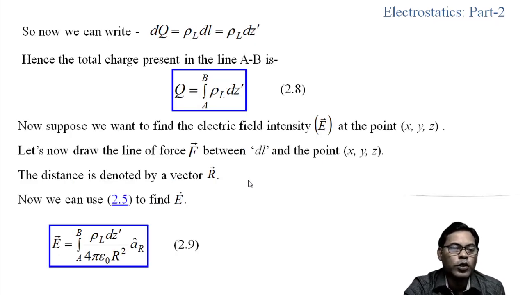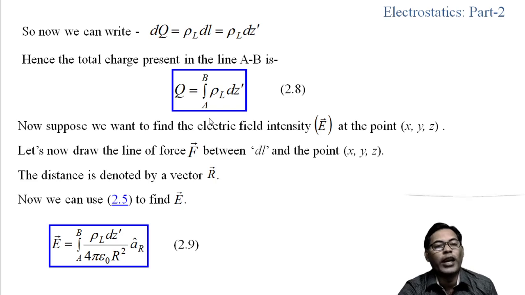Now we want to find the electric field intensity E. We can write E equals the line integral from a to b of rho l dz prime by 4 pi epsilon naught r square ar. It is the same equation, only the charge is replaced by the integration from a to b of rho l dz prime.